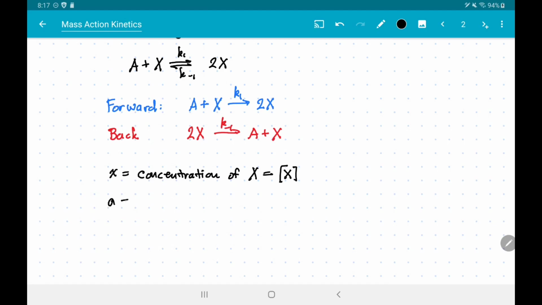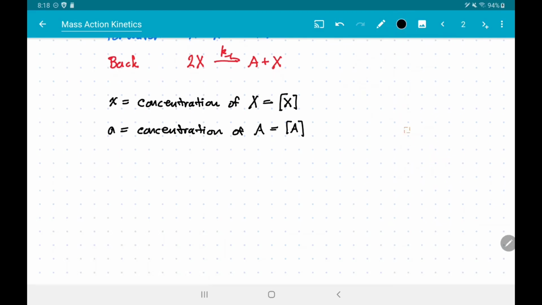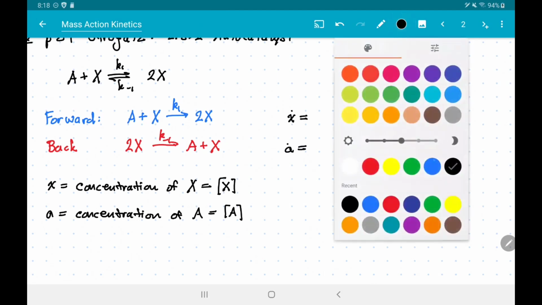And then I'm going to let A be the concentration of A, and again in bracket notation, that looks something like that. To build the differential equation, let me start with this. We need to have rate of change equations for the concentration of X and the concentration of A.